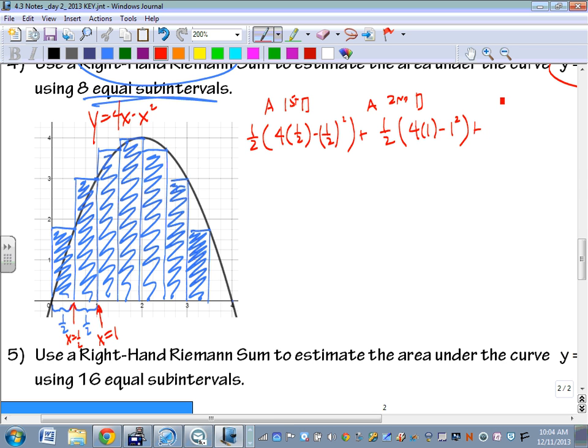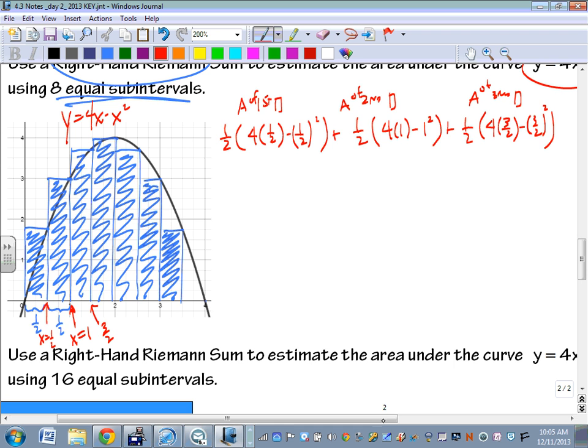Plus the area of the third rectangle. We have a base of 1/2. And this time, we have to put in 1.5 or 3/2 for x. So 4 times 3/2 minus 3/2 squared.